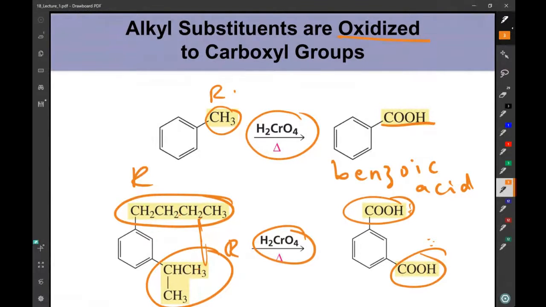Now, what is the key here? All you need is that your benzylic carbon must have at least one hydrogen connected to it. Once your benzylic carbon has at least one hydrogen connected to it, it will always be oxidized to a benzoic acid.